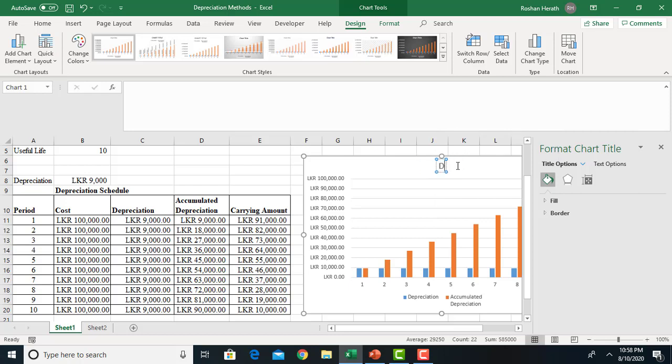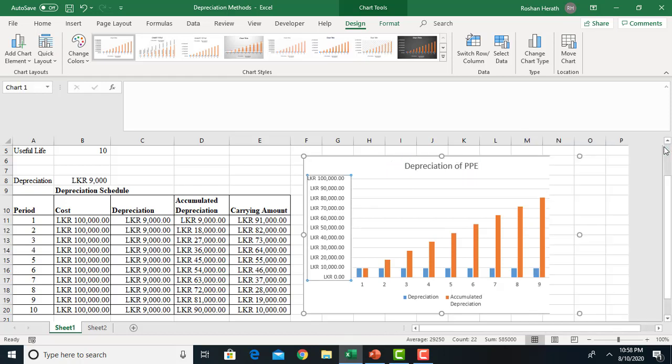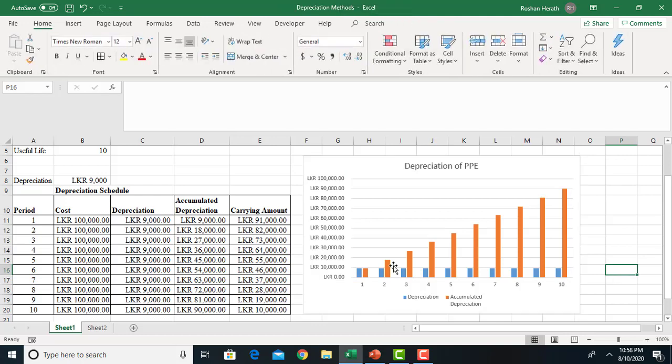So this is the depreciation of PPE, say, right. You can see here the depreciation is denoted in the blue color, while the accumulated depreciation is represented in the orange color.